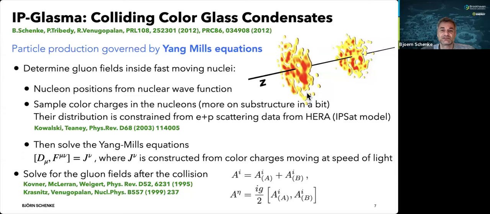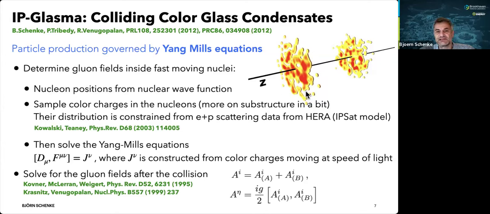Then you have some parameterization that for each nucleon, you have some Gaussian shaped transverse distribution of color charges. Then you sample color charges, basically like in a McLerran-Venugopalan model, where you say they are just Gaussian correlated. So it's just a white noise distribution of color charges, but following this spatially dependent distribution.